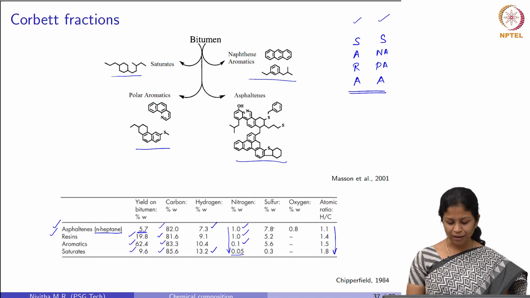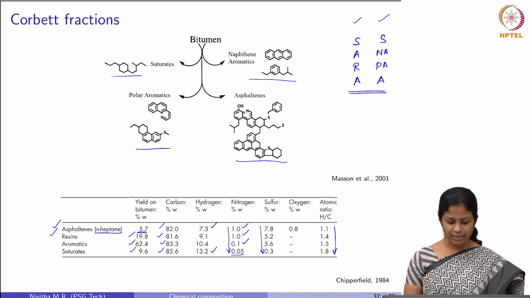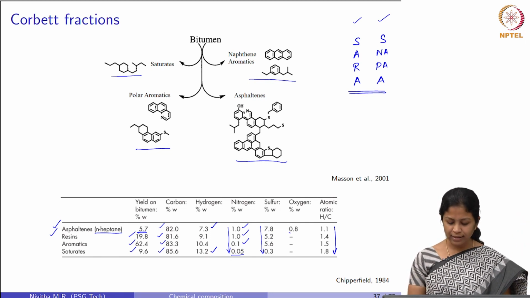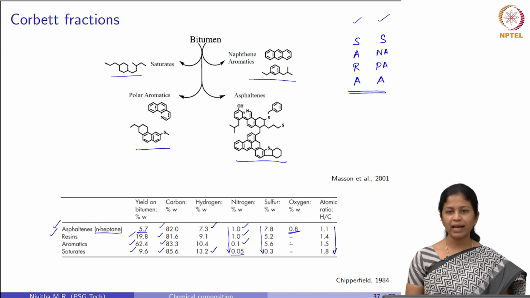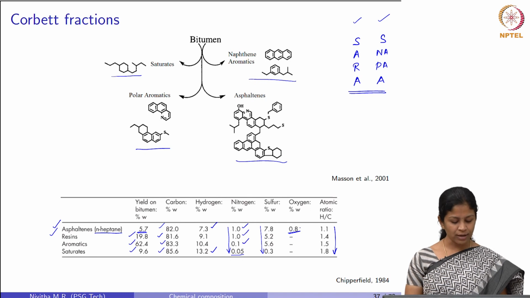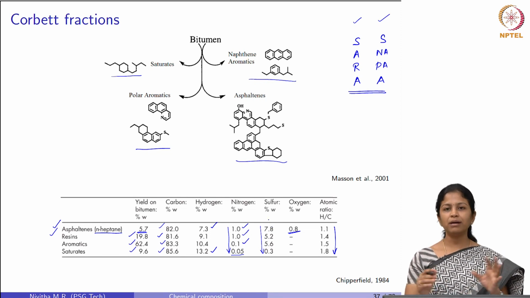The next is sulfur. Again in sulfur we can see the sulfur content reduces as we move from asphaltenes to saturates. The oxygen content was observed only in the asphaltene fraction, and in this study they did not observe oxygen in the remaining 3 fractions. So, these asphaltenes as proposed have more heteroatoms and they seem to have bigger molecules.